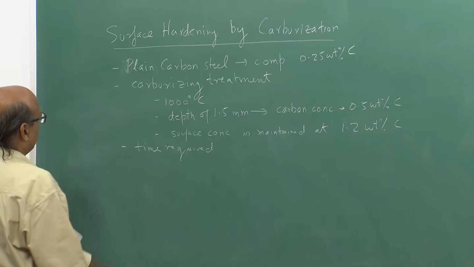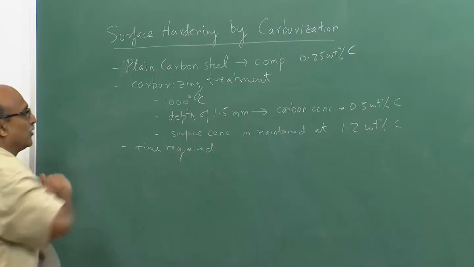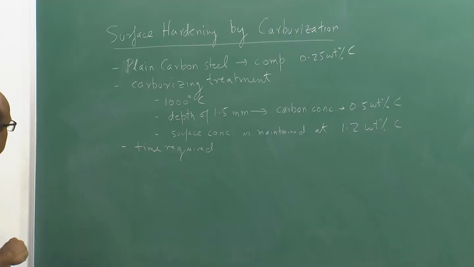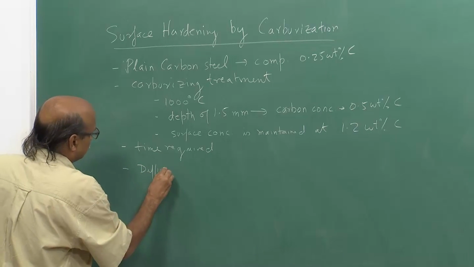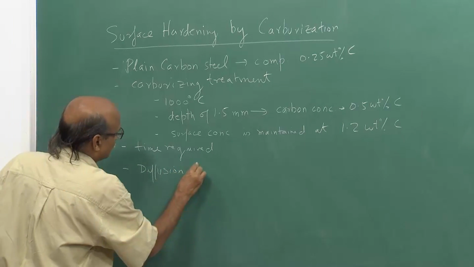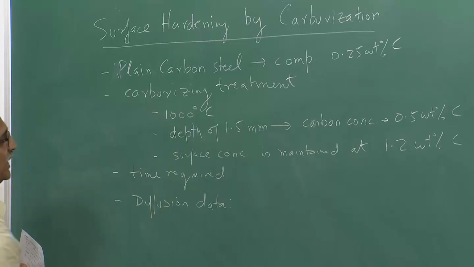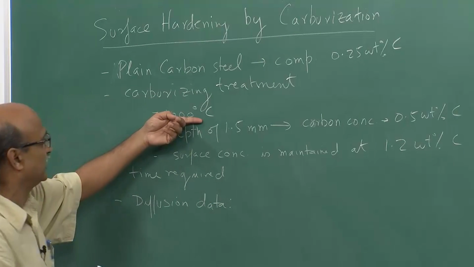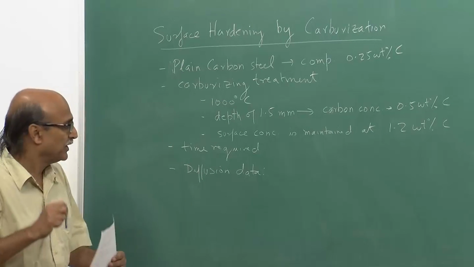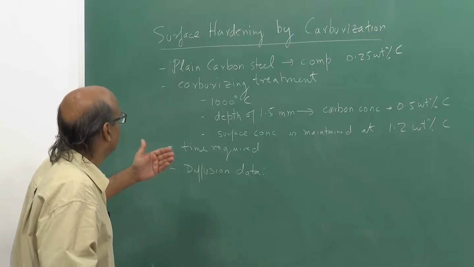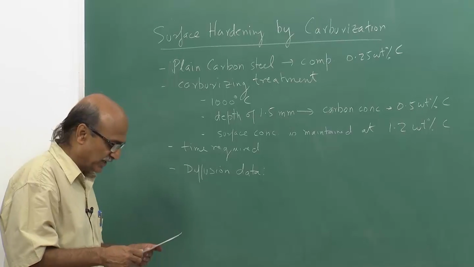One would also require, in order to solve this problem, the data for diffusion. So, at 1000 degrees centigrade the steel will be in austenite. So, we require diffusion data for carbon diffusing in the austenite structure.